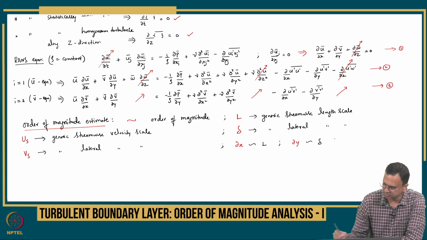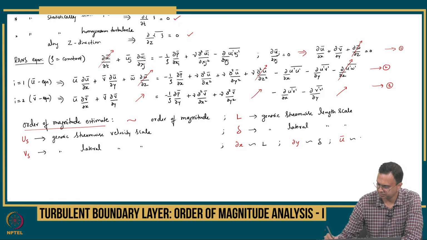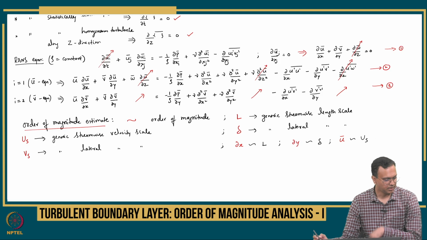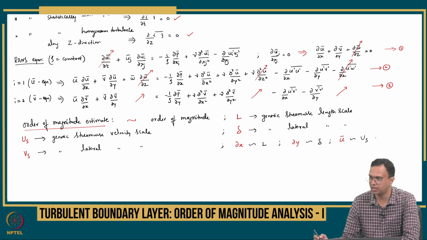So for u bar I am using the Us velocity scale. But then I have changes in u, right, dou u bar, dou square u bar, the second order terms changing.